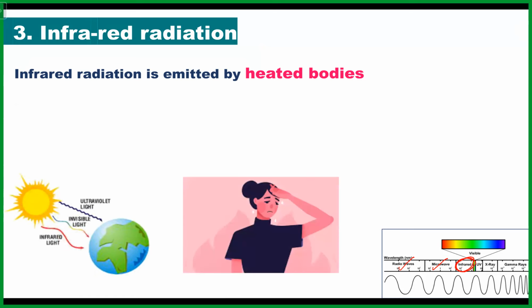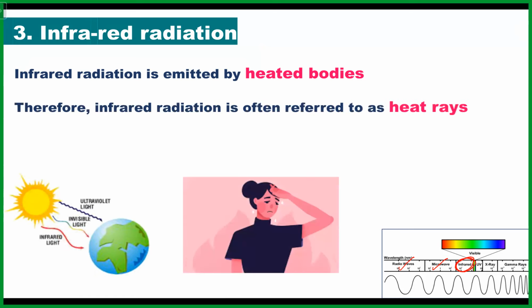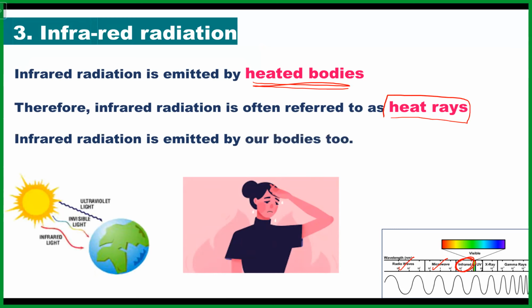And infrared radiation is also referred to as heat rays. Now, the fact that this infrared radiation is released by heated bodies means that these rays carry a lot of heat with them. So we call them heat rays. And infrared radiation is also emitted by our own bodies as well.